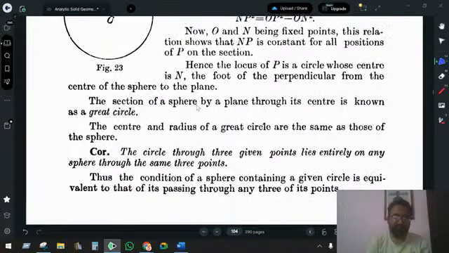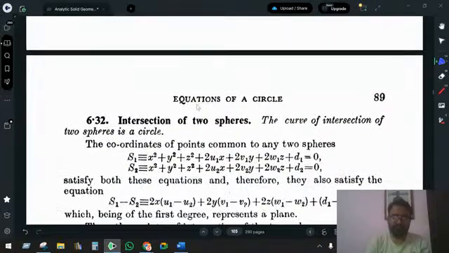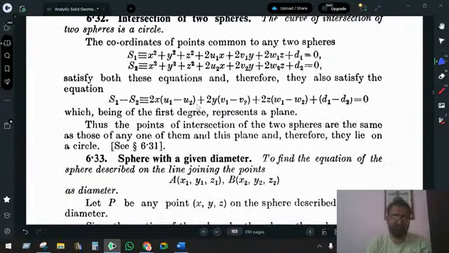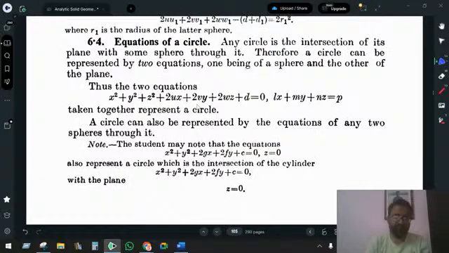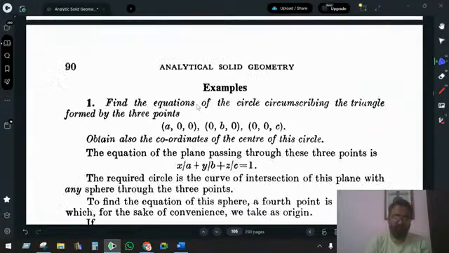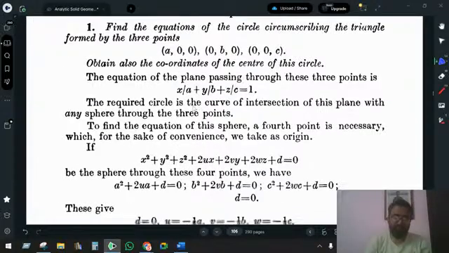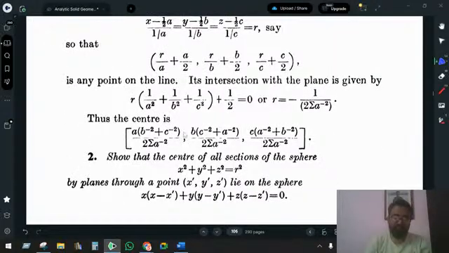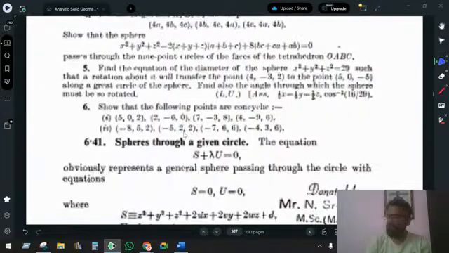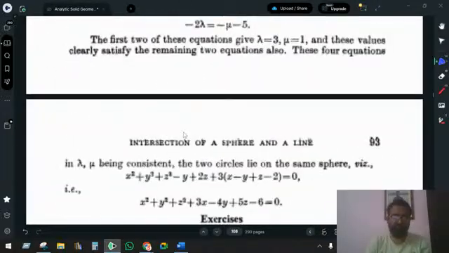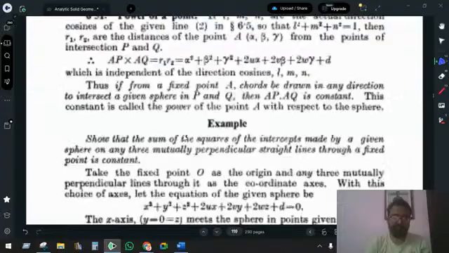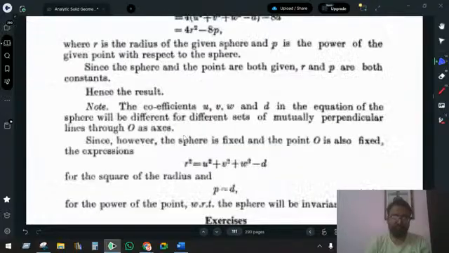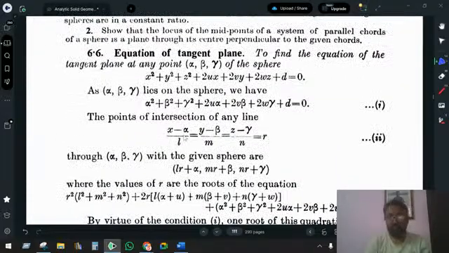6.3.1, intersection of two spheres. Equation of circle. Six point six. I should open. Equation of tangent plane. Most important.